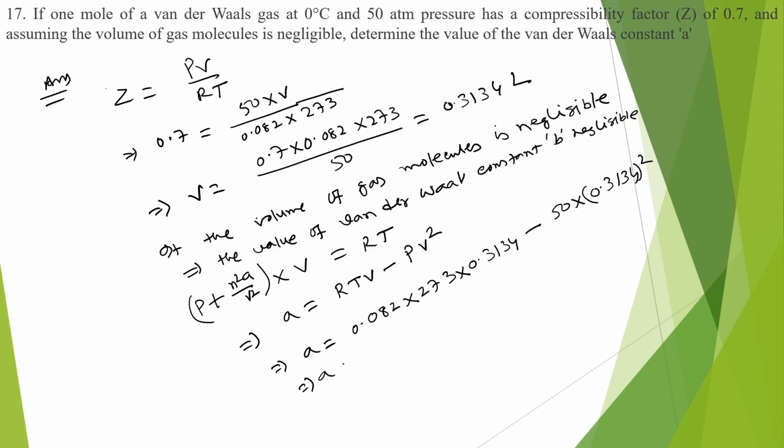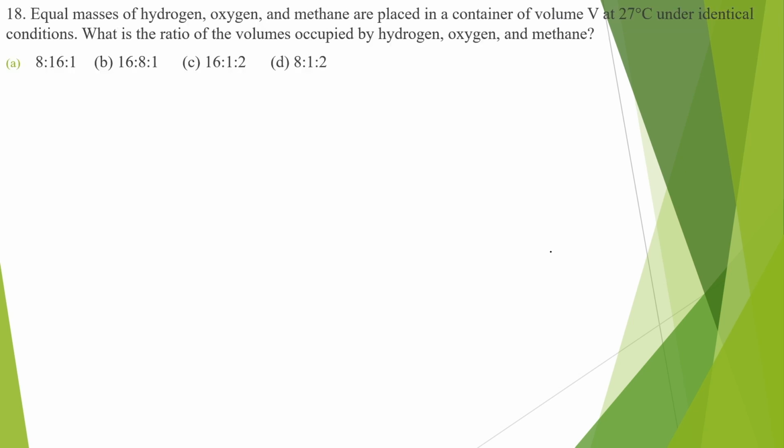So, the value of A is 2.104 atmosphere liter to the 3 mole to the minus 2.